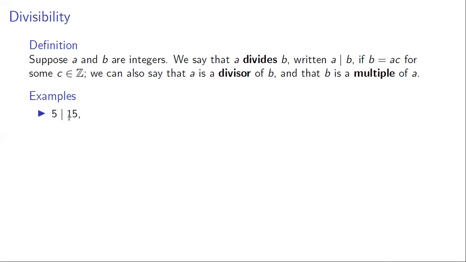We're trying to find that 15 should be equal to 5 times c, where c is an integer. So again, we're looking for b equal to a times c. That is true, since 15 is equal to 5 times 3. This is our c here.